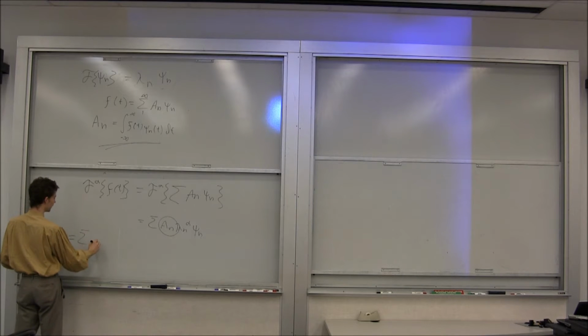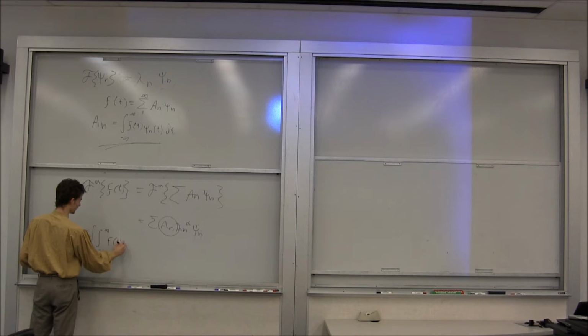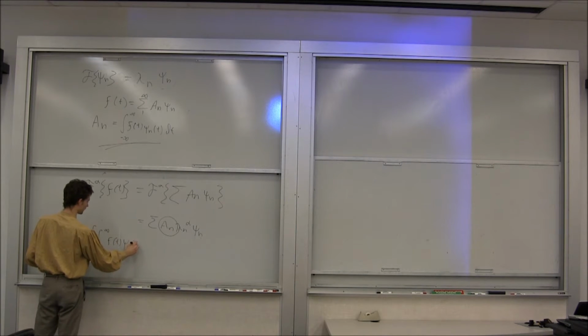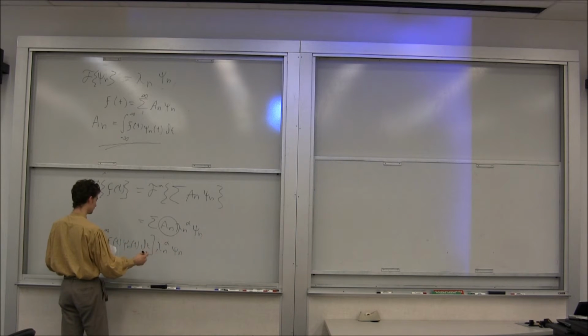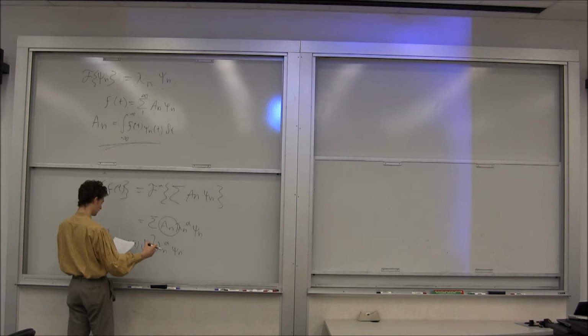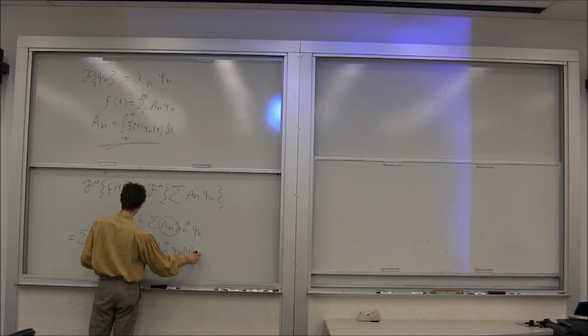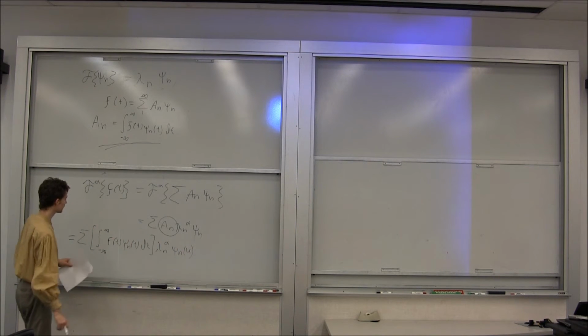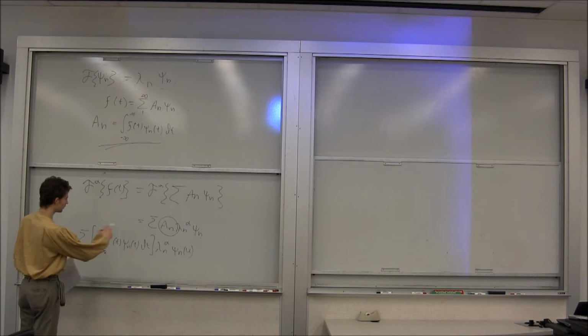So this equals the sum of the integral from minus infinity to infinity of f of t times the eigenvalue to the power alpha times psi sub n of t, psi sub n of u, for a different variable. Now, you can rearrange this integral.